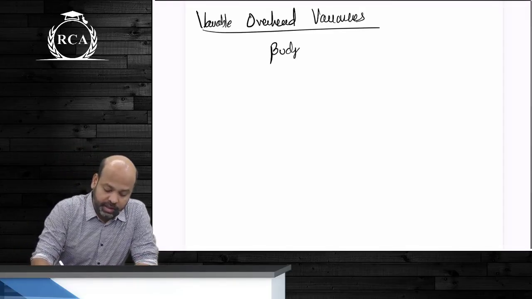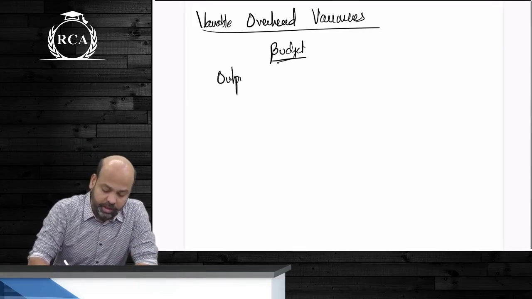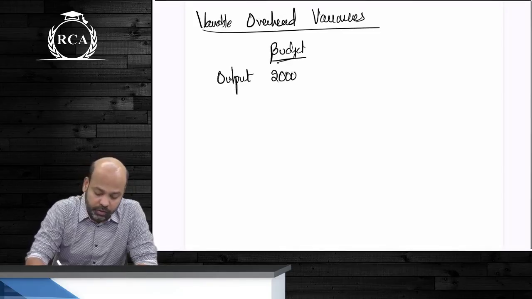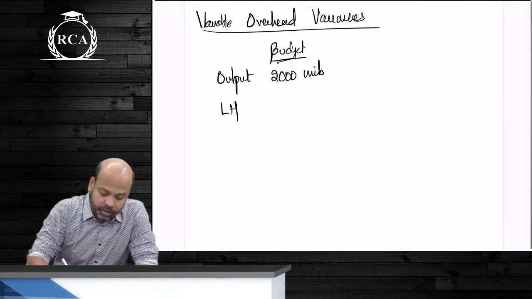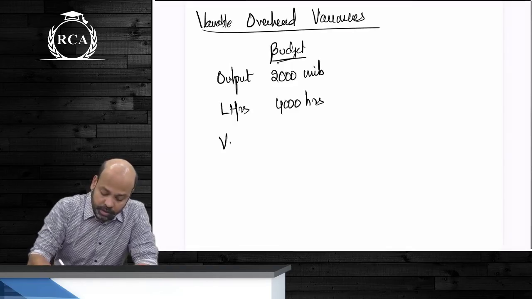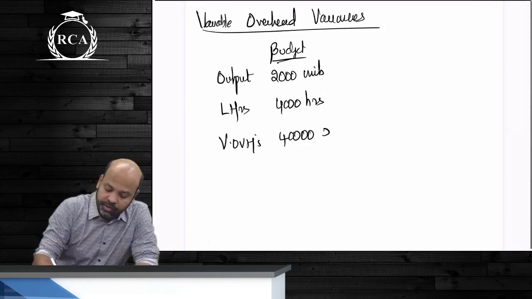Let's say guys that as per the budget, you were supposed to manufacture and sell 2000 units. You were supposed to work for 4000 hours. And the variable overheads that you were supposed to incur was 40,000 rupees.